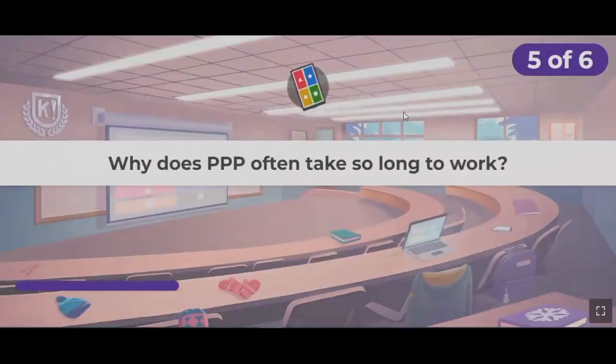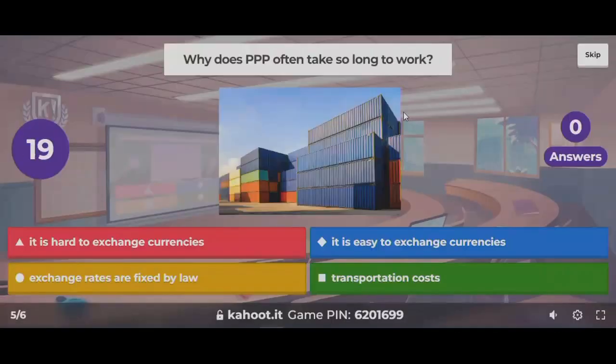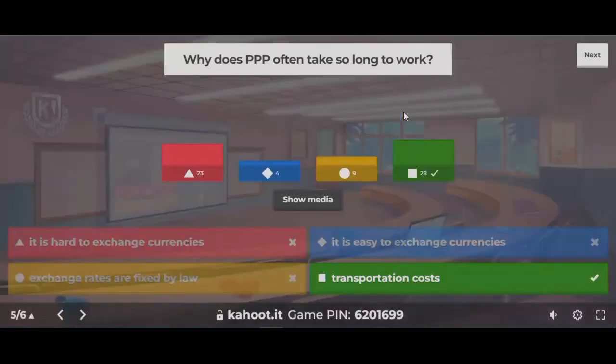Next, why does PPP often take so long to work? Of course, the answer is transportation costs.